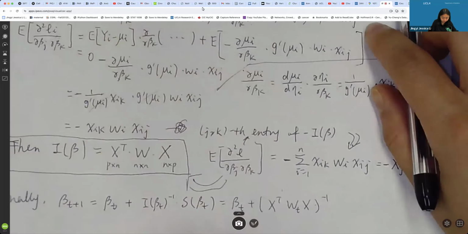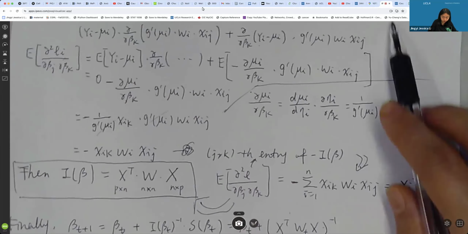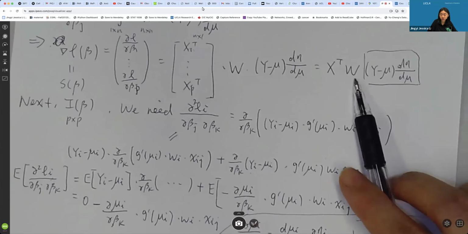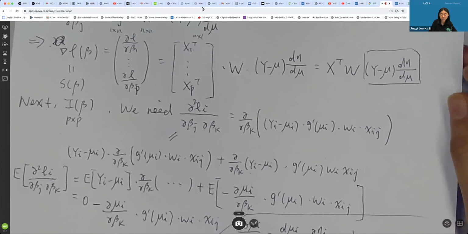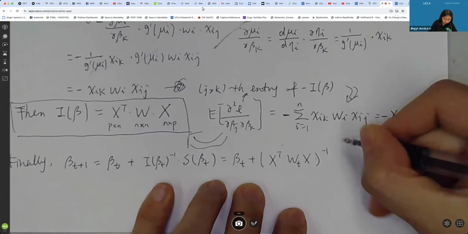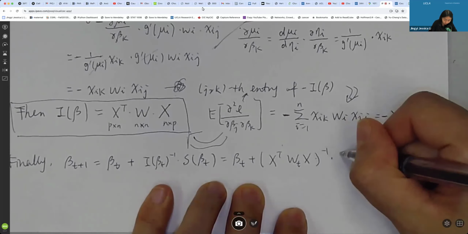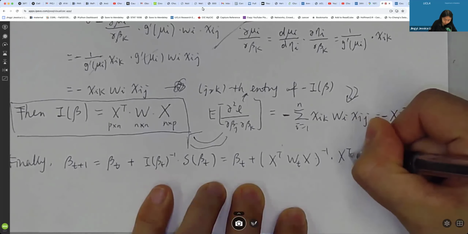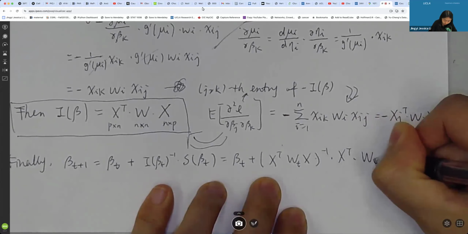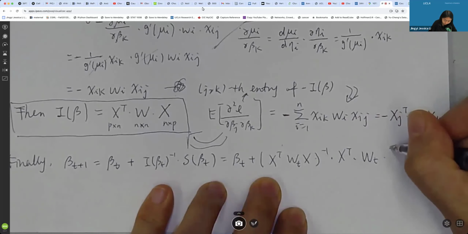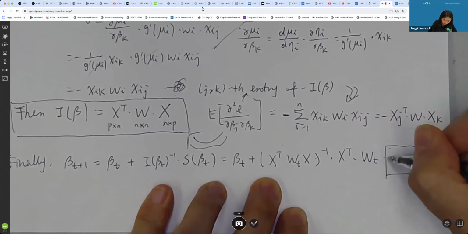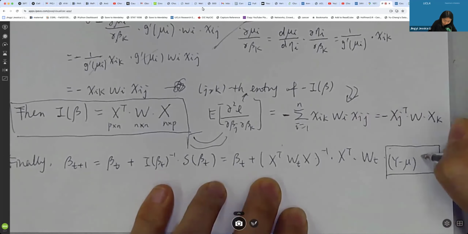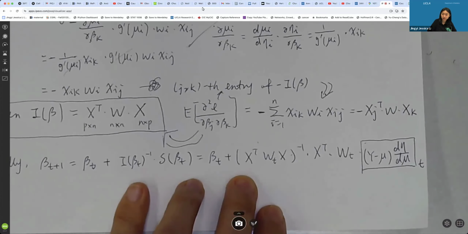Therefore, in the score function term, W and the last term both depend on beta, so they depend on iteration. All right, so I will put it here, X transpose W t. Finally, this interesting thing, I'll put a box around it, y minus mu times d eta d mu, at t.